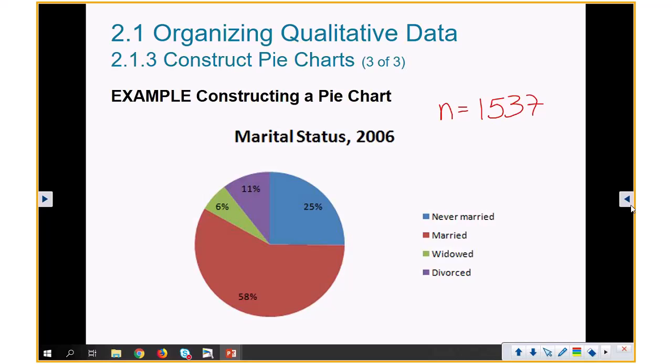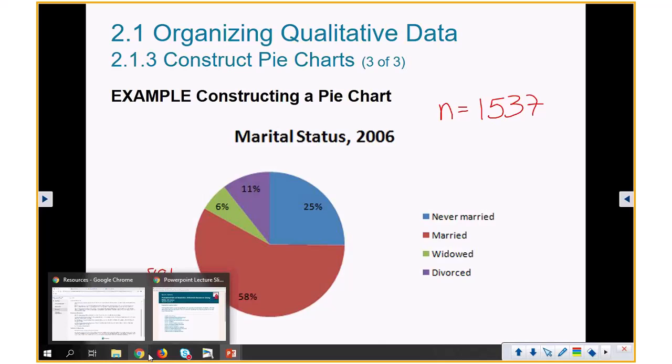So somebody tell me what 1537 times 0.58 is. 891. Now, if it's a decimal, you're going to round up or round down, because there ain't no such thing as 0.5 people. So round up at 0.5 or above, round down at 0.4 and below.